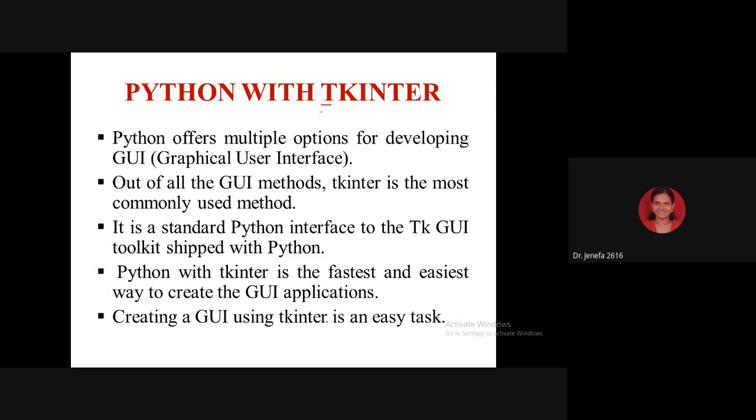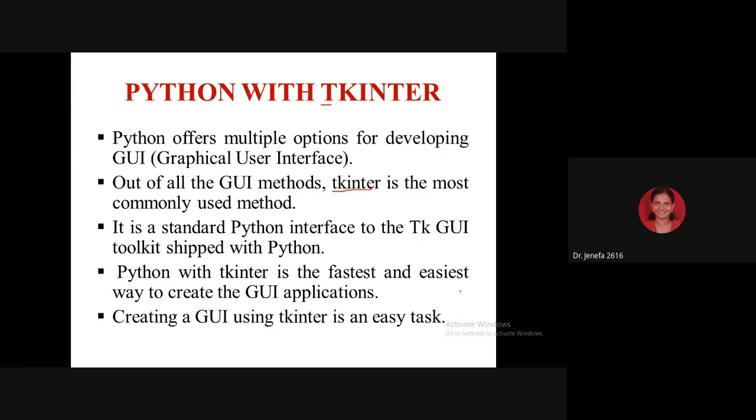In order to use the graphical user interface, we need to import the tkinter module in our Python program. There are many other GUI modules available, but the most commonly used module is tkinter.